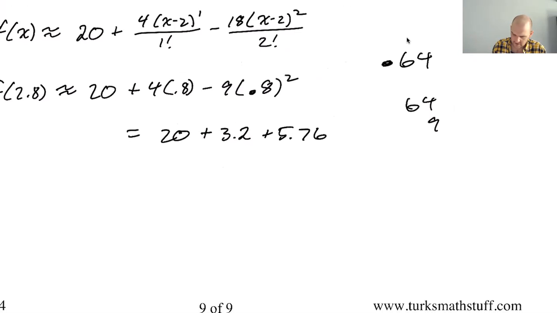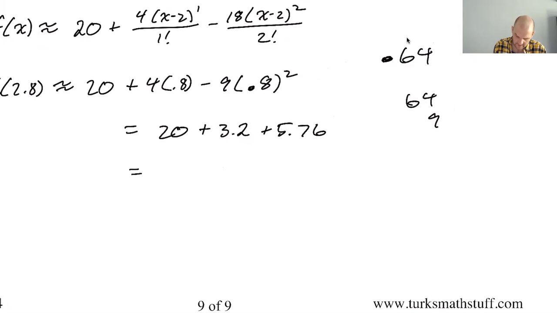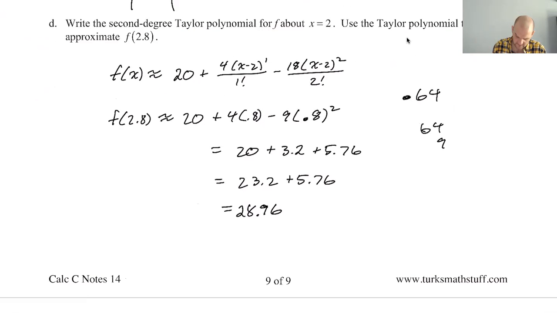So this is 23.2 plus 5.76, 28.96 potentially is my f of 2.8.